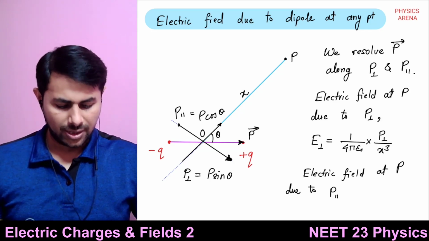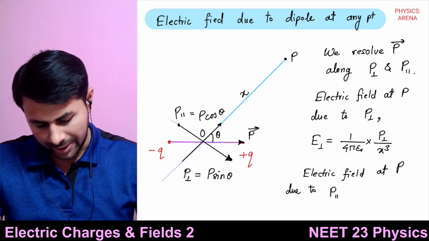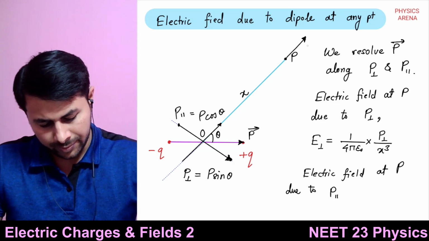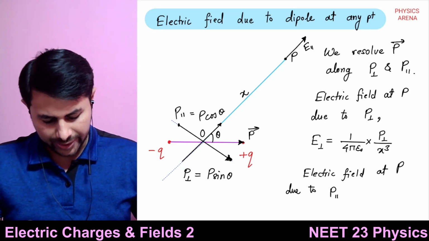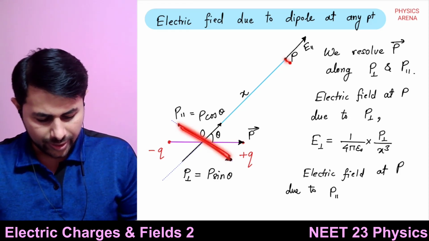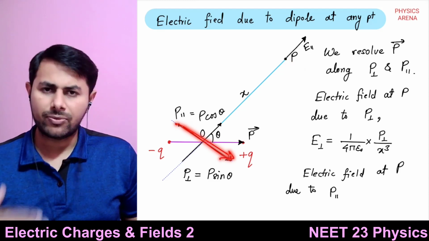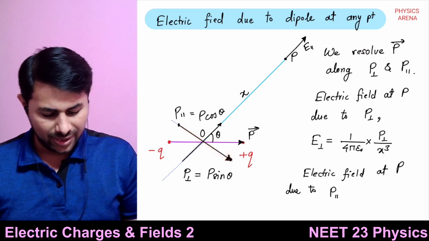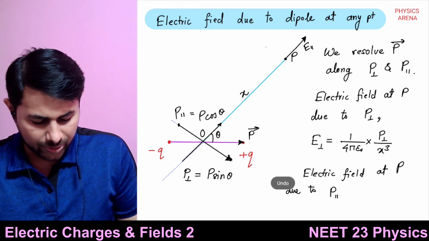In what direction is the electric field directed? E parallel would be directed like this. The perpendicular component of dipole moment is directed like this, and the electric field is opposite to that.